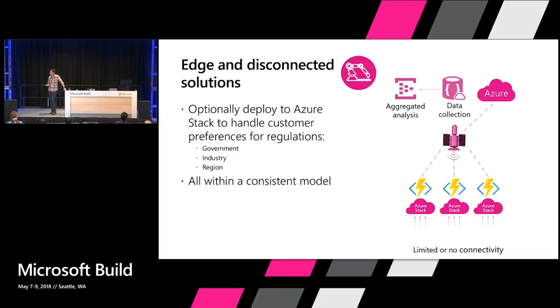For example, you may have sensors in the field, and sometimes those sensors have connectivity and sometimes they don't, right? In a scenario like that, you use Azure Stack to maintain that data while connectivity doesn't exist, and when connectivity is established, you can integrate with systems in the public cloud. So that's one example of edge and disconnected solutions.